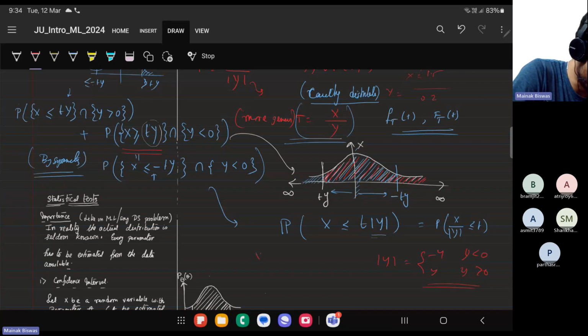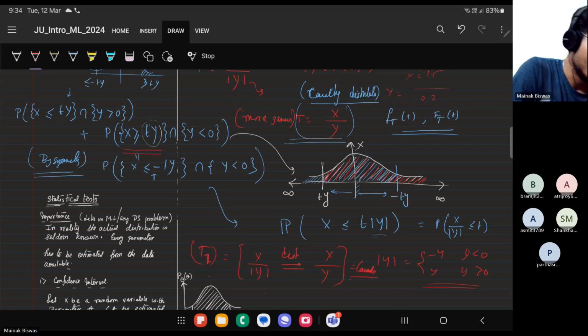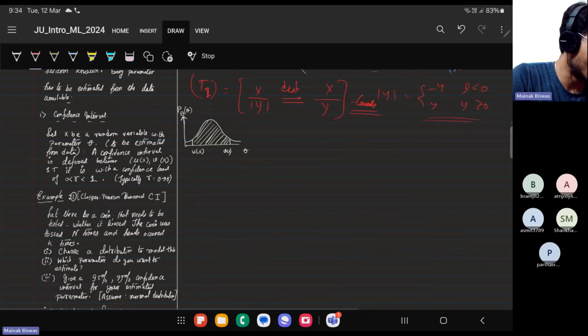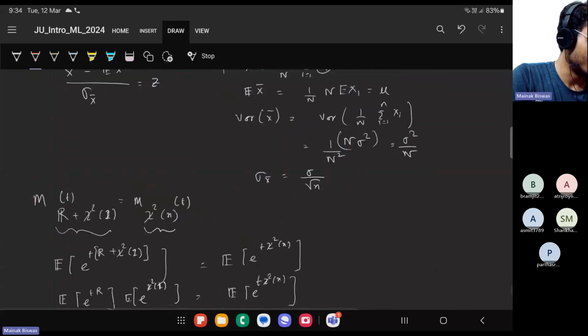So your x by mod y has the same distribution as x by y. We just now saw, proved. And the same distribution as the student t distribution T1 and the same as Cauchy. So let us see the Cauchy distribution. How does it look like? We'll keep space for this. Mostly it will happen in the last part of the class.